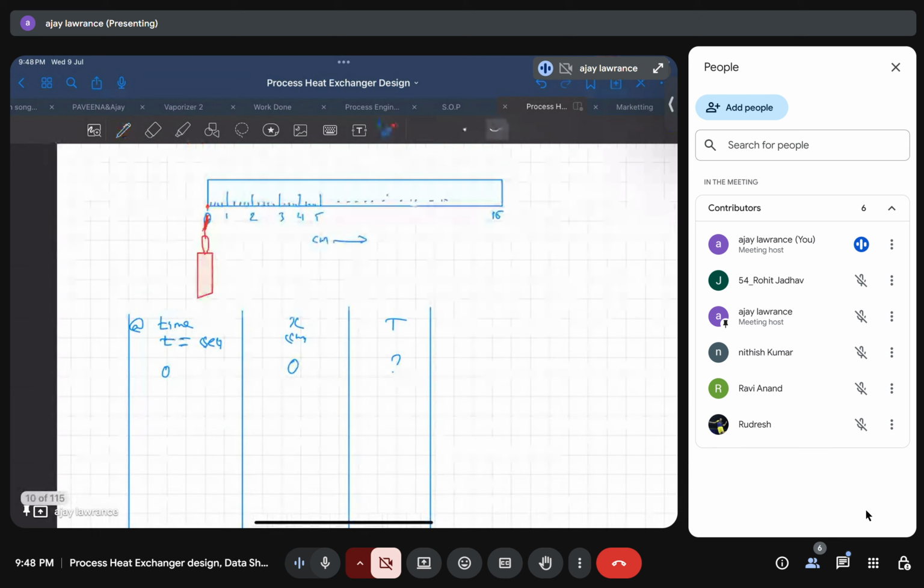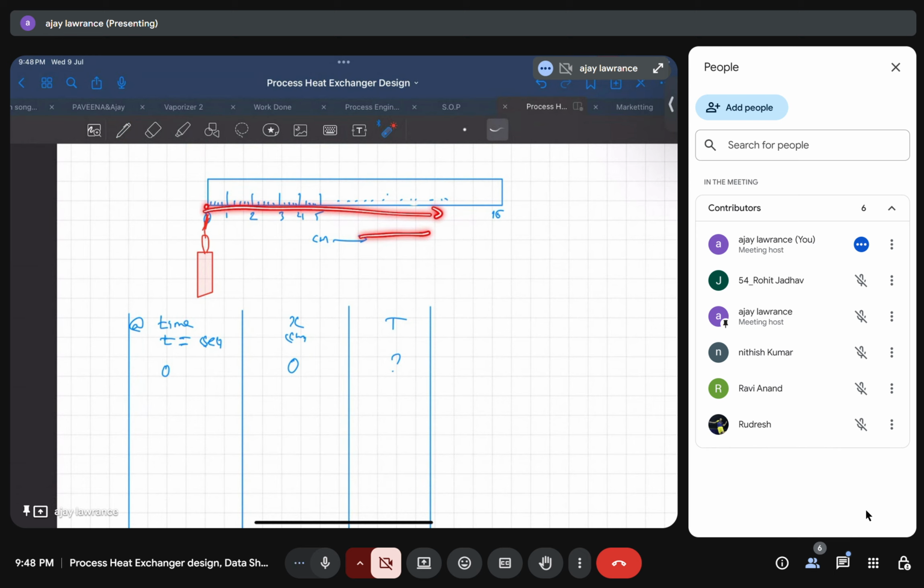At 0 second, time has not started, meaning heat has not transferred. x is nothing but this value, 0, 1, 2, 3. At the 0 point, what is the temperature at this time? Any answer?